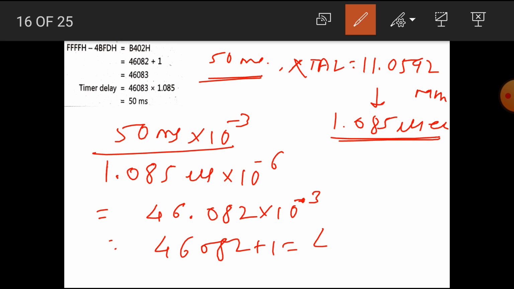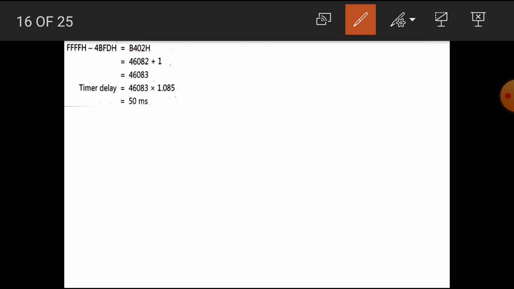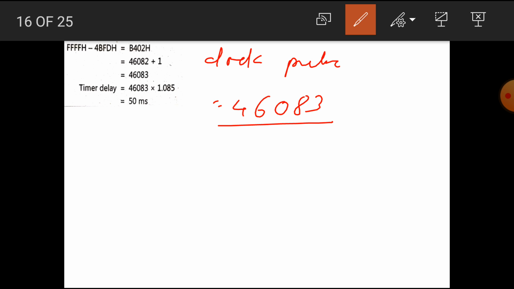That means we get here the value 46,083 clock pulses. Let's see once again: here we get the value of clock pulses as 46,083.